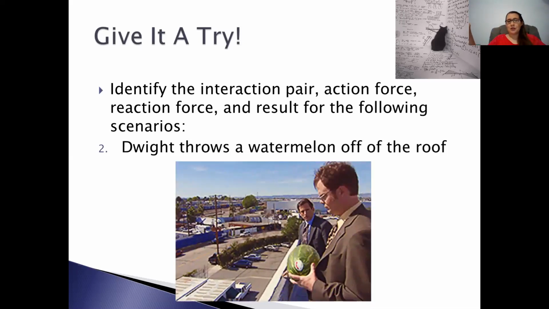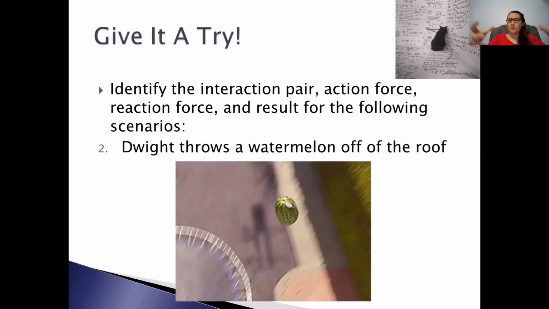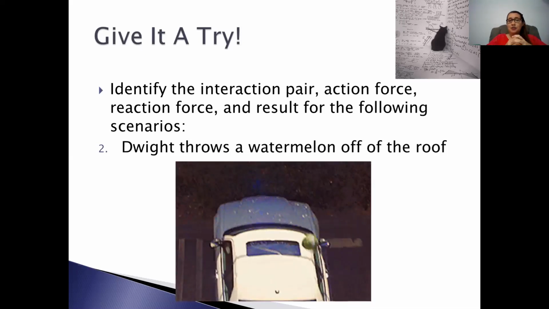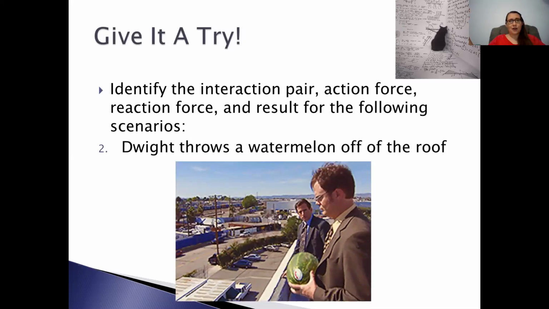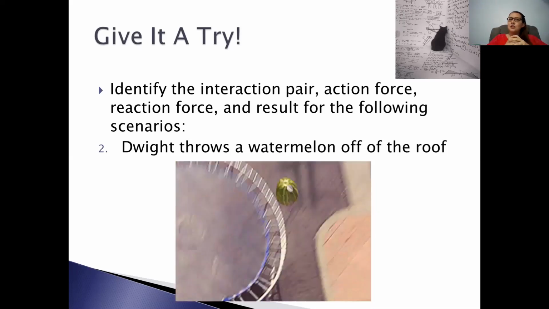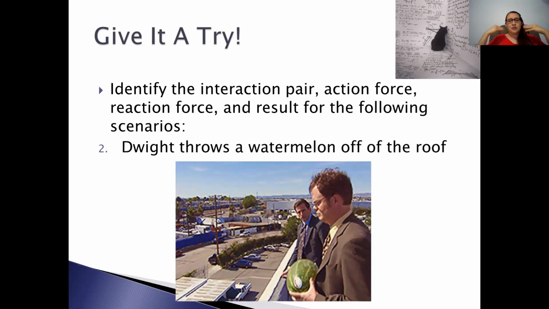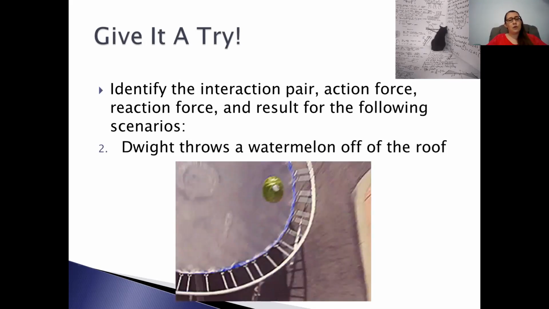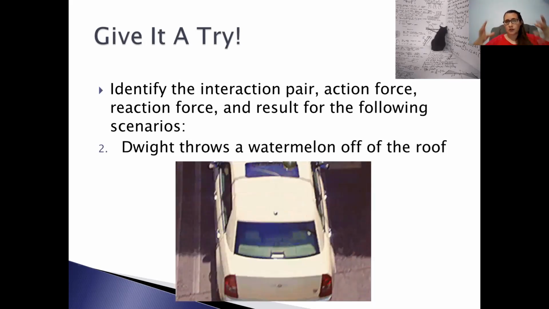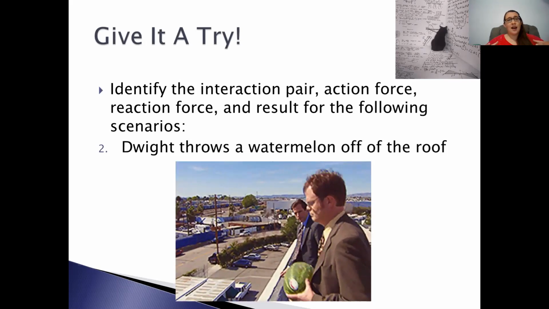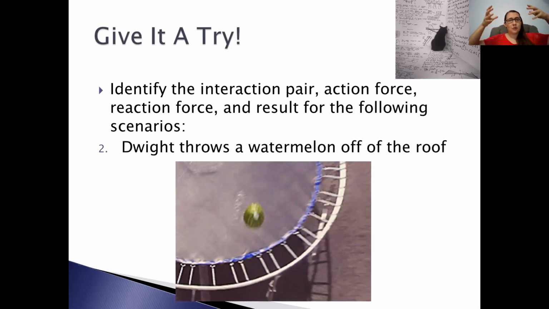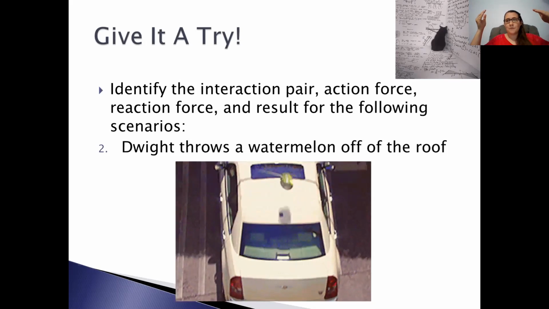Same amount of force. But of course, since the watermelon is much smaller, much less massive than the Earth, it has less inertia, so its motion is easier to change than the Earth's motion. They're pulling on each other with the same amount of force, so the force that the Earth is pulling down on the watermelon exactly equals the force that the watermelon is pulling up on the Earth.